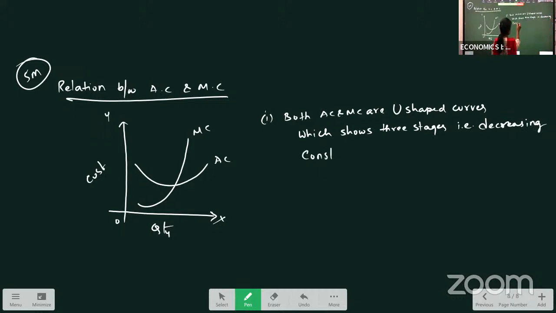constant, and increasing. Decreasing, constant, and increasing. What are the 3 stages in our U shape? See, as we produce more quantity, cost is decreasing, reaching the minimum and then increasing.